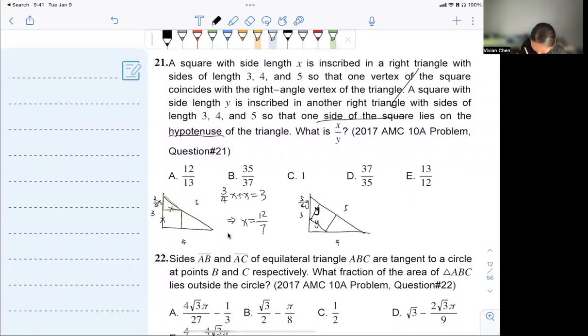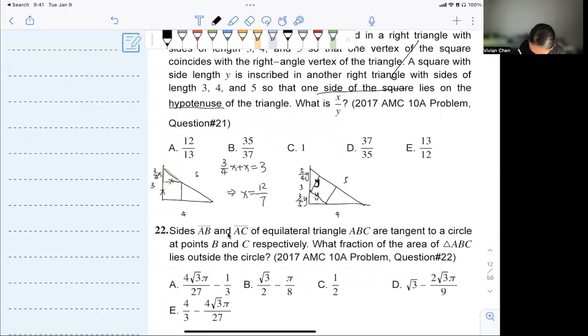Okay, this one is y, this is the 5 side, this is the 3 side, so this is 3 over 5 y. Now we just need the equation 5 over 4 y plus 3 over 5 y equals 3, and this gives us y equals 60 over 37.